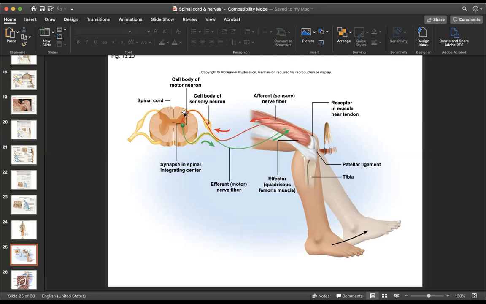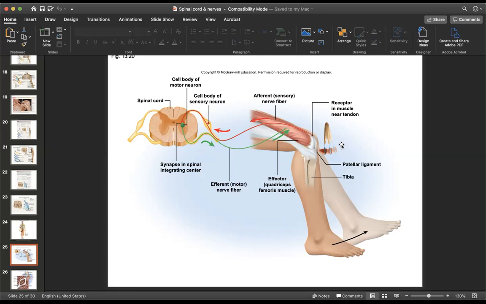So if you remember the interneuron that we talked about that's contained within the spinal cord, this actually does not have an interneuron. There is a sensory neuron that carries that information in the cord, and it synapses directly with a motor neuron that leaves through the ventral root and causes that muscle to shorten.